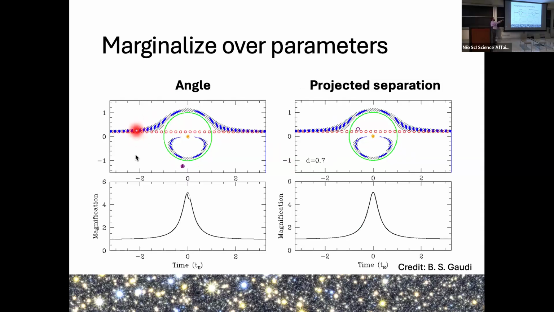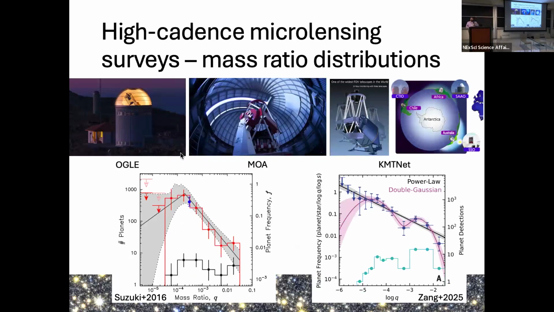So here we're changing angle on the left and projected separation on the right. And you can see you get either very little signal or a huge signal, depending on where exactly the planet is. And so this requires care, making sure that you're densely sampling the grid of possible parameters to get good detection efficiencies. But if you do that, you can do demographics.